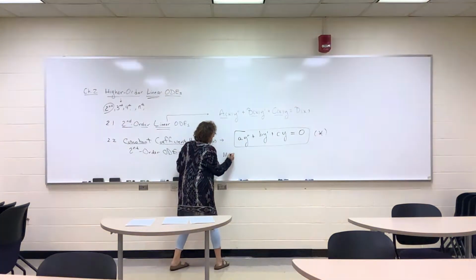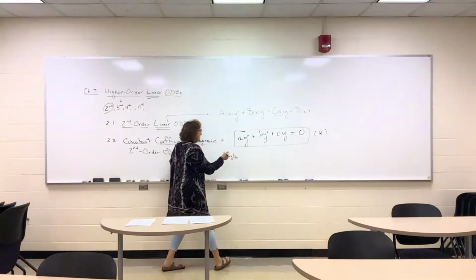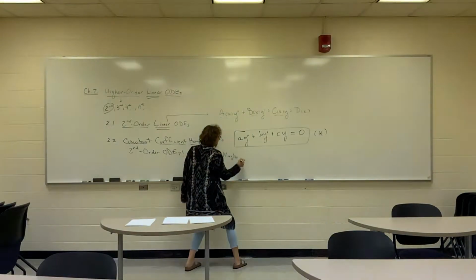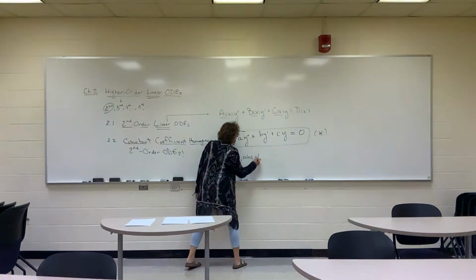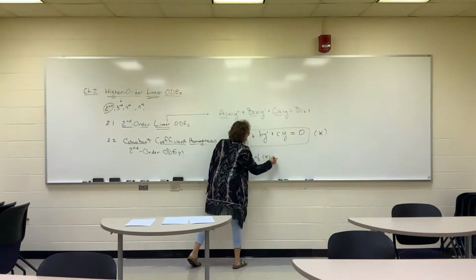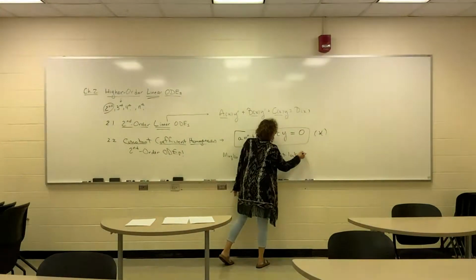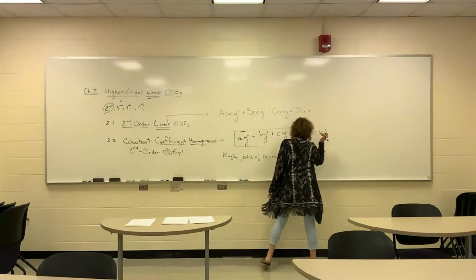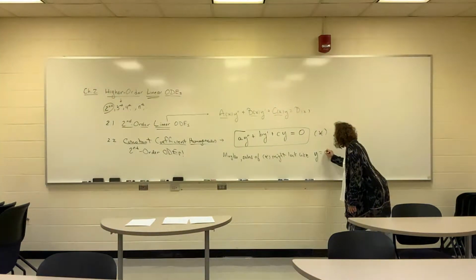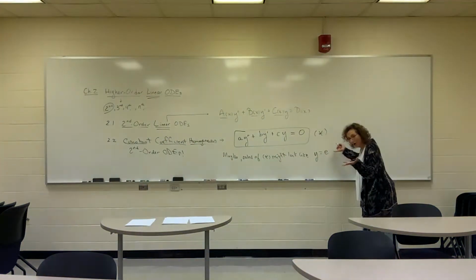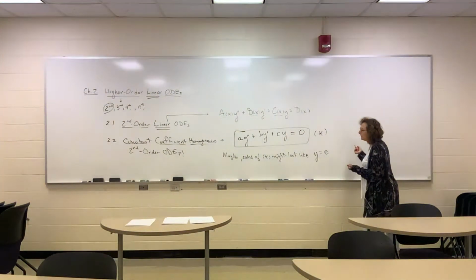maybe, right? So here's our whole thought process for what solutions of star might look like: y equals e to some constant times x, if we're going to use x as our independent variable.